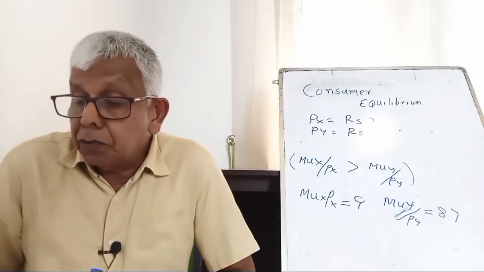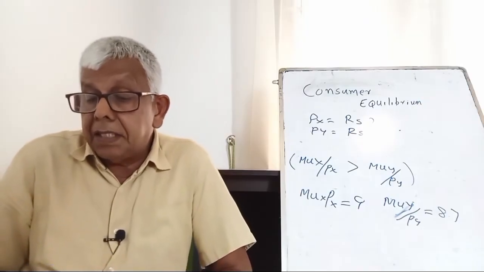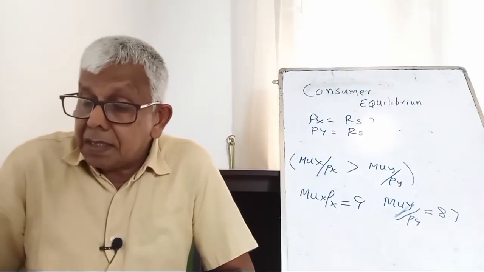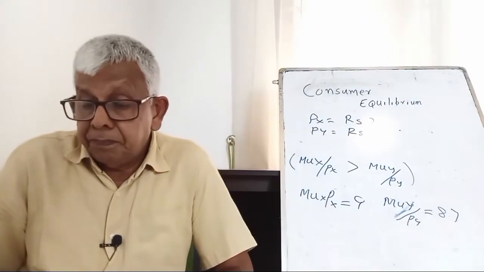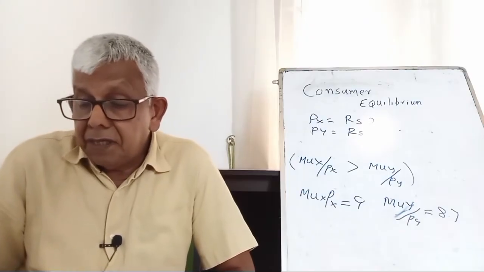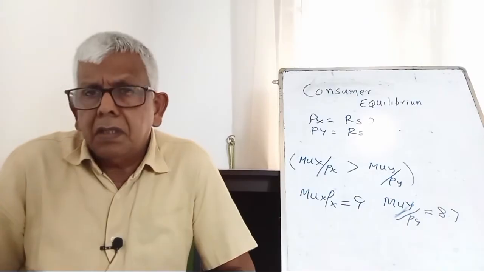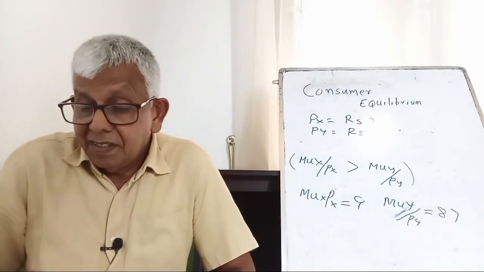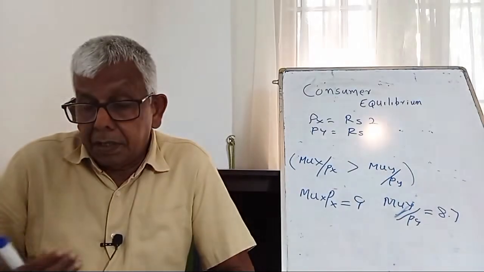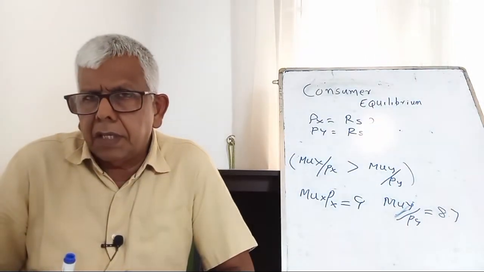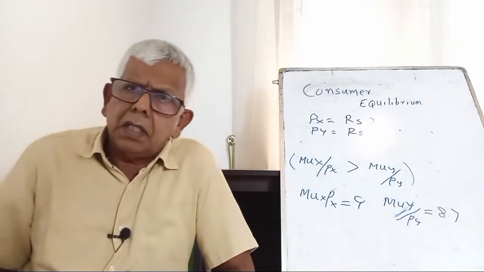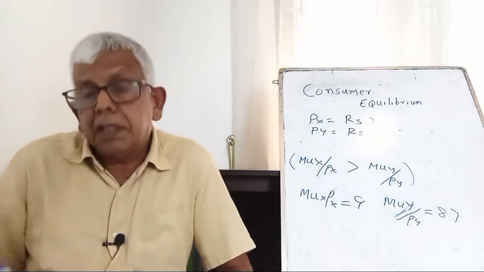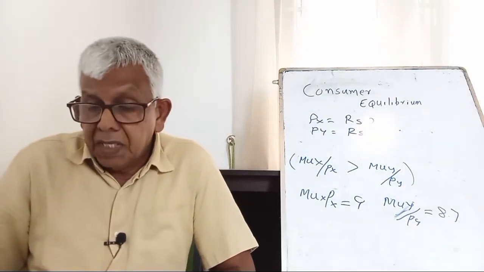Accordingly, equi-marginal utility is the basic condition for consumer equilibrium, because in this situation the consumer becomes indifferent between X or Y. Why? MUx divided by Px equals MUy divided by Py.